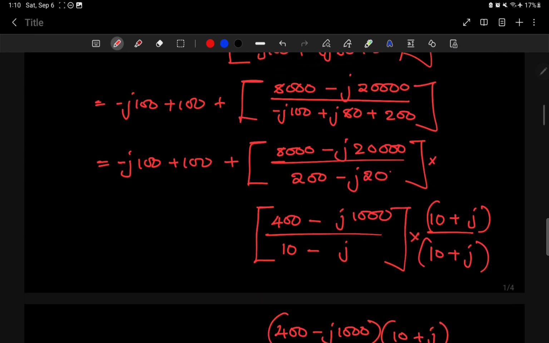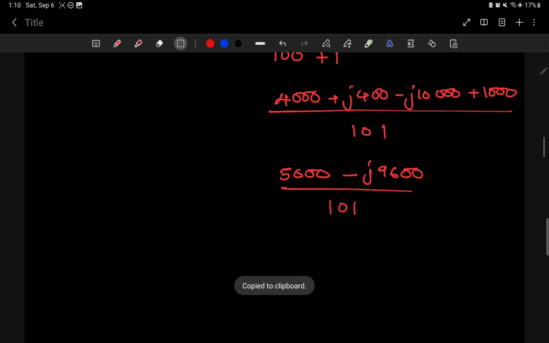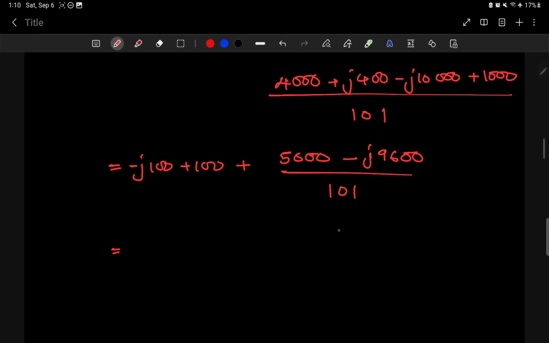So we still have the rest of it. Don't forget, we still have this part. We're just focusing on the brackets. We've simplified so that now it looks like this. Here we can divide each term by 101, so that we have minus j100 plus 100 plus 5000 divided by 101.